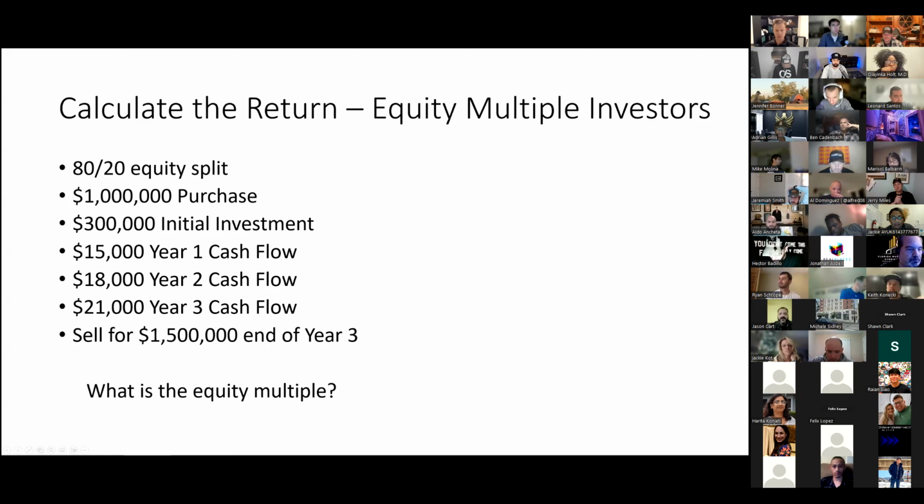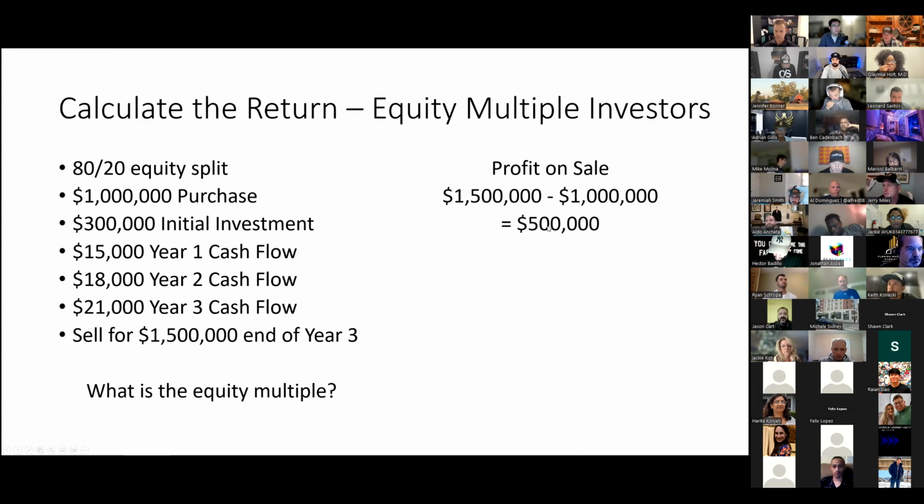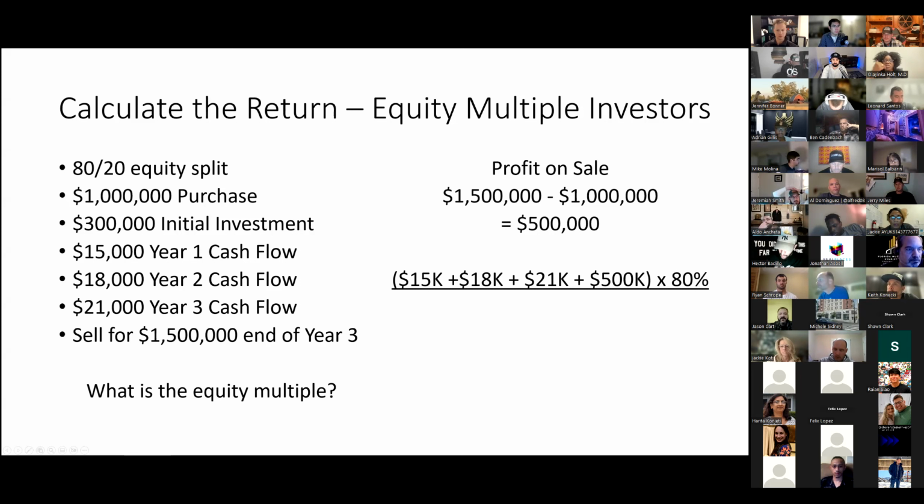Okay. So again, your profit on the sale, you had 500K, but since you had an 80-20 split, all the cash flows and all the profits were split 80-20 with the investors and the GP.